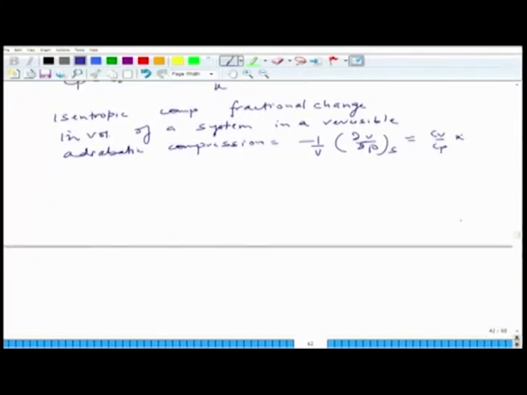The way we have derived delta U, in a similar way you can calculate the expression for delta H, going from P1 T1 to P2 T2, and similarly delta S in terms of measurable quantities.